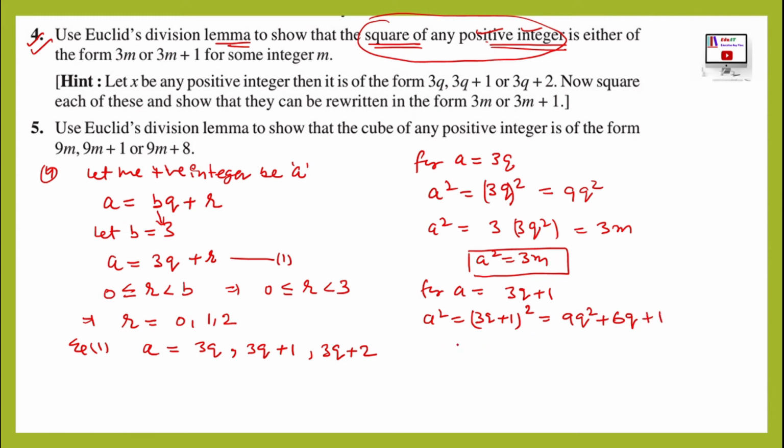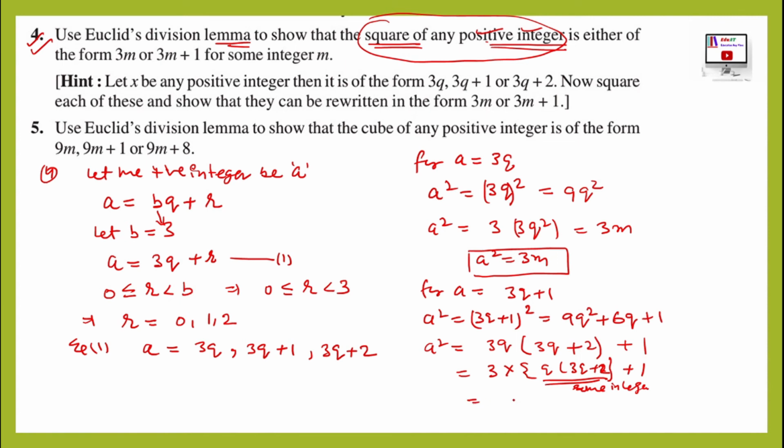So we can write this further in this way. a square is equal to, taking common from these two, 9q square plus 6q, let 3q be common. So I took 3q common. Now 3q here, what is left? 3q plus 2, plus 1. So it is equal to 3 multiplied by q, 3q plus 2, plus 1. Now this q, 3q plus 2, this will be some integer.